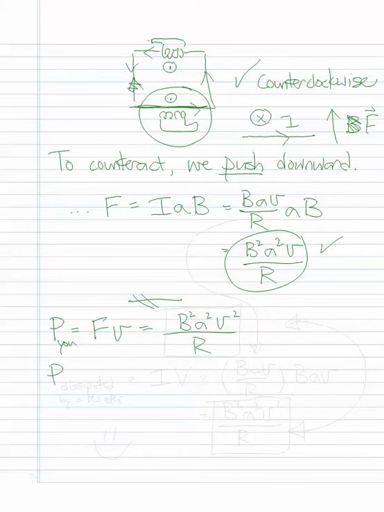The power is simply dissipated by a resistor, if R is the resistance in the wire. Because you are pushing, we know that the power dissipated is the current times the voltage. Well, let's see. The current was BAV over R, right? We had that from before.